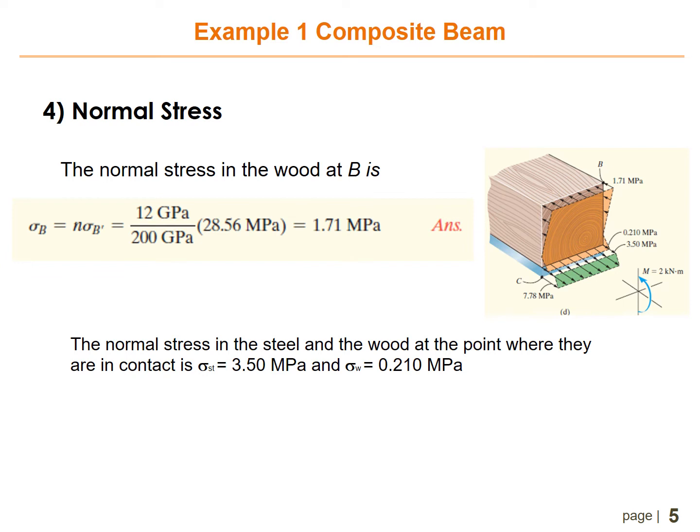We can use this equation to find the normal stress at B, so it equals 12 divided by 200 times 28.56 megapascal, and the normal stress is 1.71 megapascal. So the normal stress in the steel and the wood at the point where they are in contact is: stress for steel is 3.5 megapascal, and stress for the wood is 0.21 megapascal.